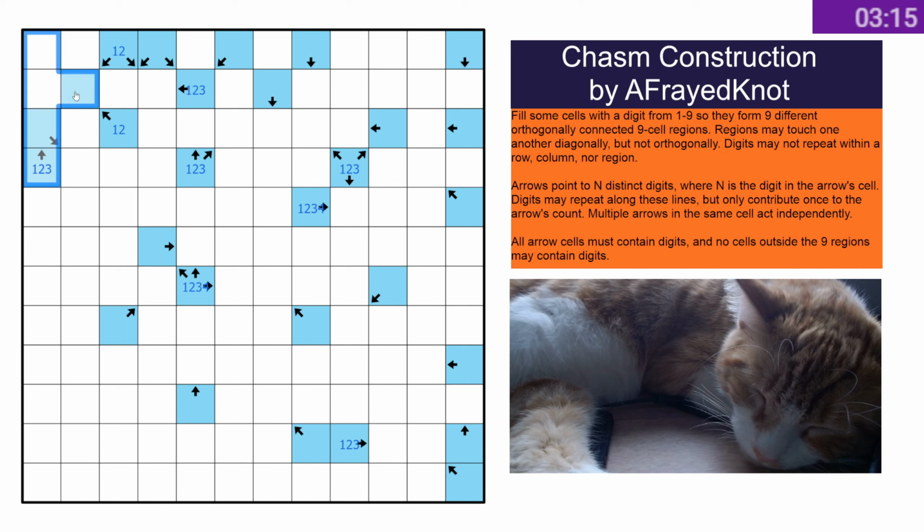So if that were 3, it's not allowed to be connected, because they're all different. As soon as any of these are filled, that increases. If this were 1, then both of those would be empty.